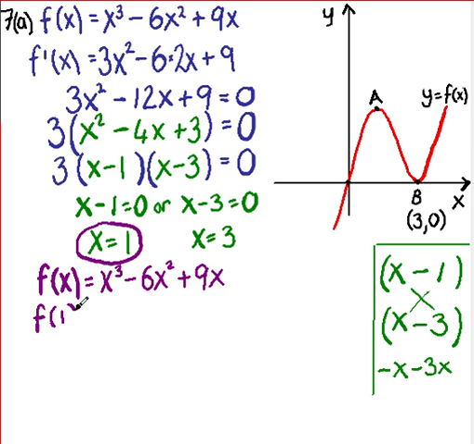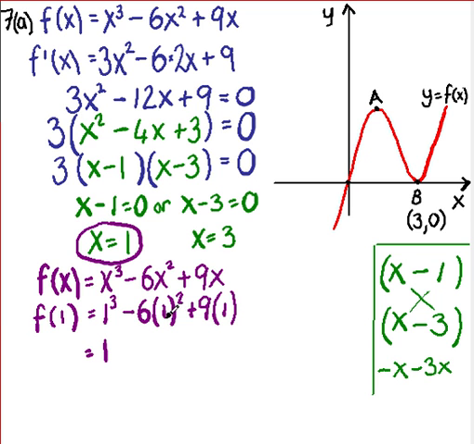So substituting in our x value of 1 gives us 1 cubed. Then it's minus 6 times x squared, so it's minus 6 times 1 squared. And then lastly, plus 9 times x, so that's plus 9 times 1. First of all, 1 cubed is just 1.